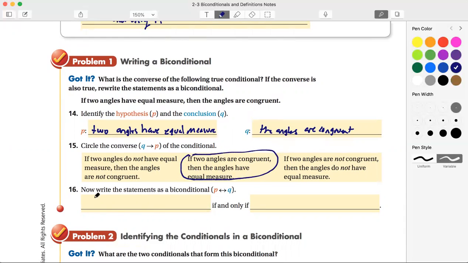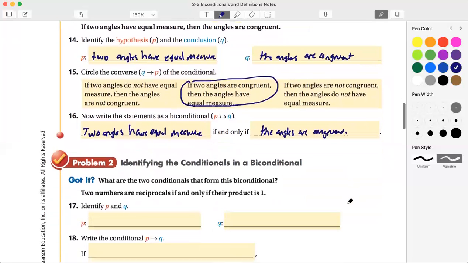Now write these together. Two angles have equal measure if and only if the angles are congruent. Okay, let's try that one again.